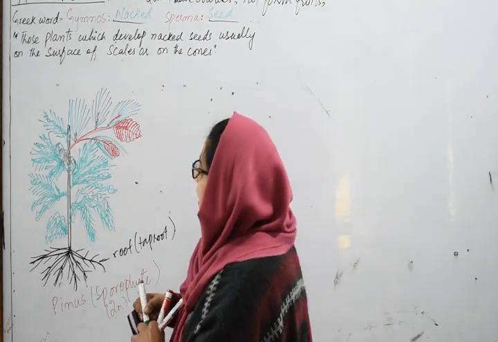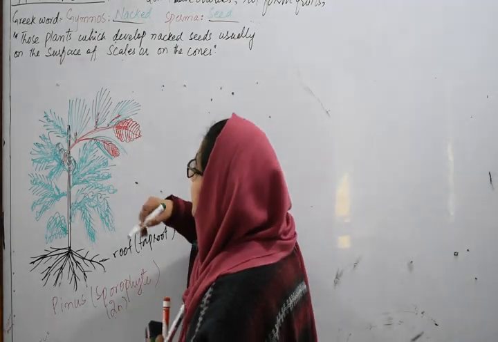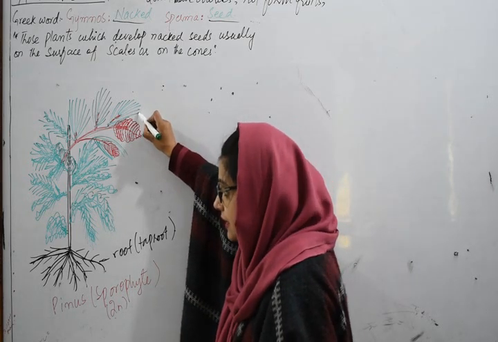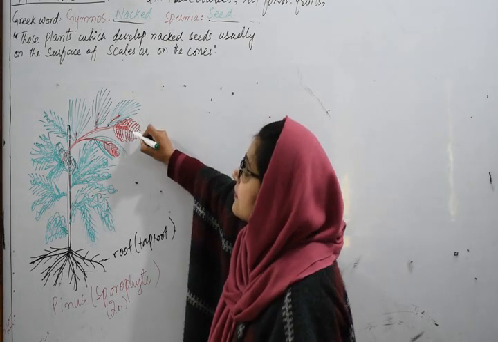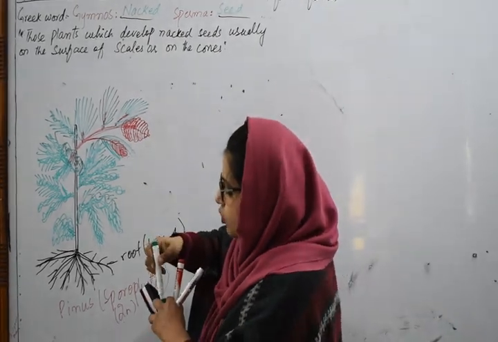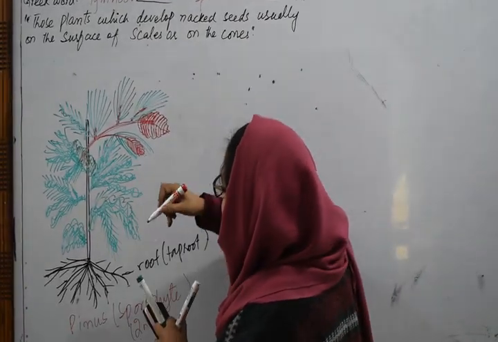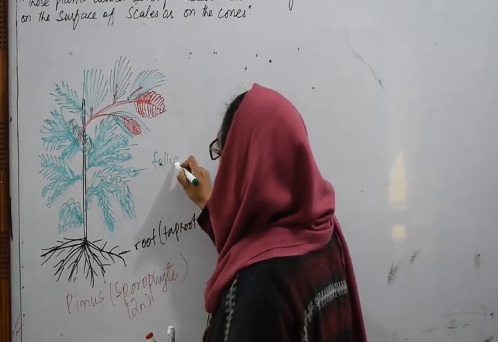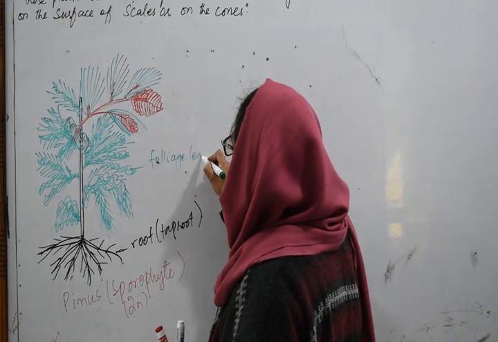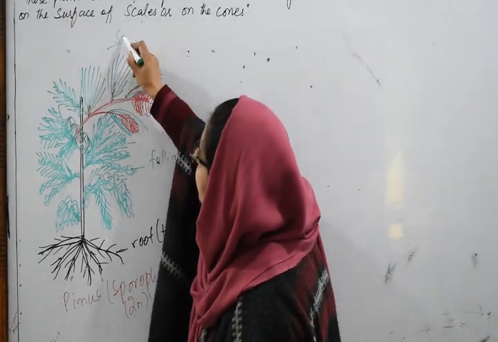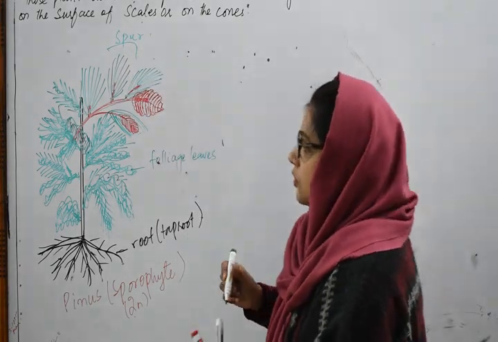Then we have leaves, and these leaves are of two types. As you can see here, these leaves are green in color, and these scale leaves are brownish or reddish in color. These green leaves are named foliage leaves, and they are present in groups, and this group is known as a spur.